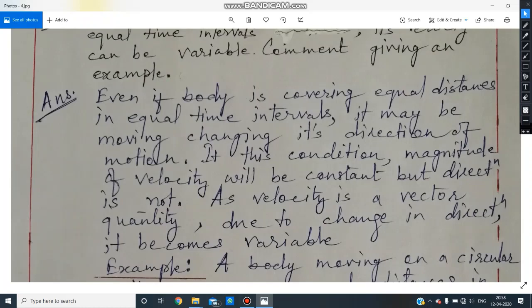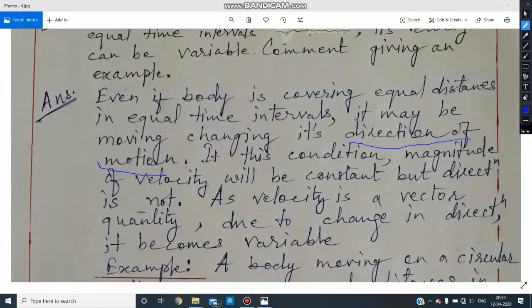So, when the body is covering equal distances in equal time intervals, the magnitude of velocity will remain constant. But it is possible that the body may be changing its direction of motion continuously or at different times.